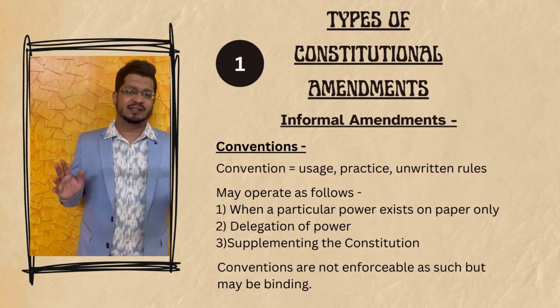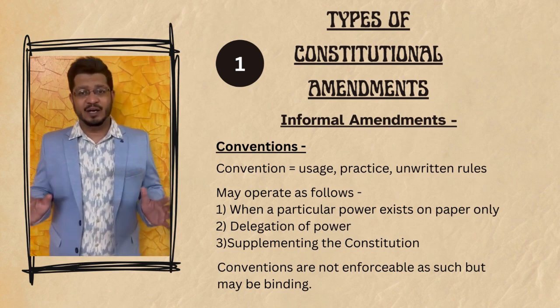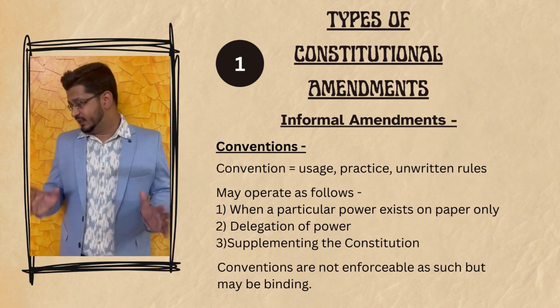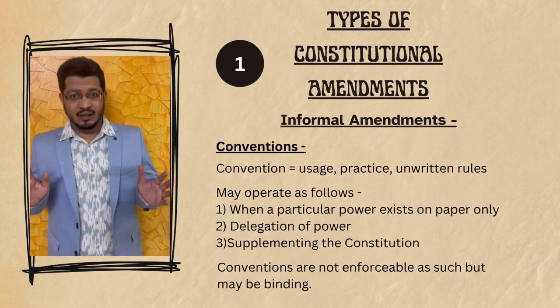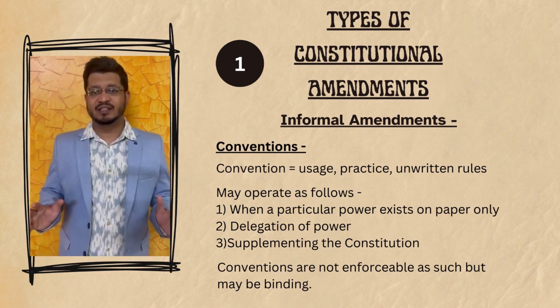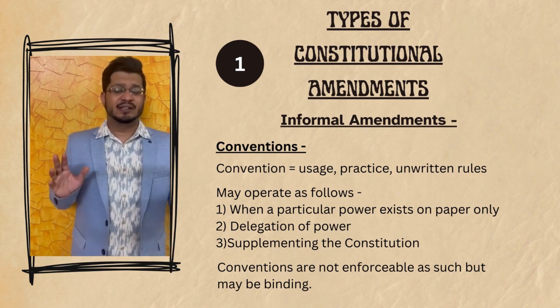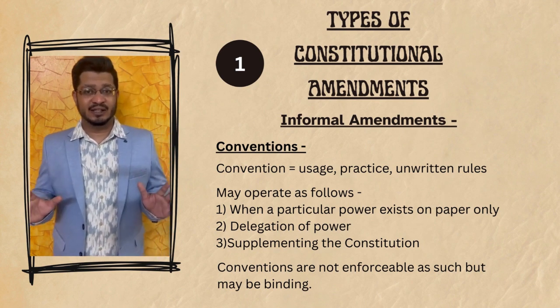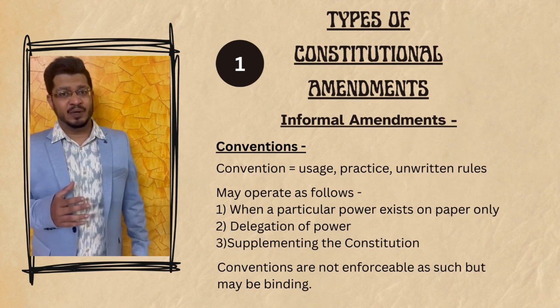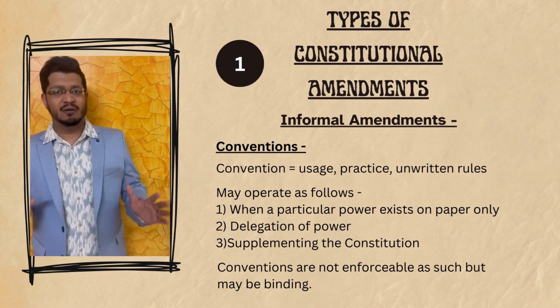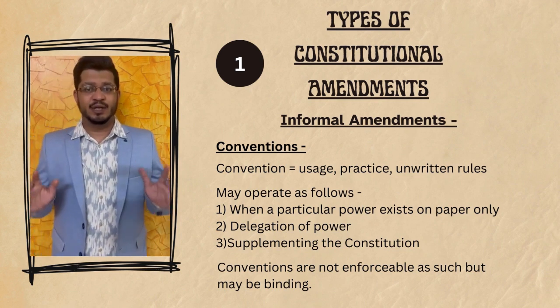This is another example of constitutional amendment by the development of conventions. And finally, it must be remembered that conventions are not enforceable as such because it is simply usage. There is nothing in black and white to back up a certain convention. However, conventions can be binding.